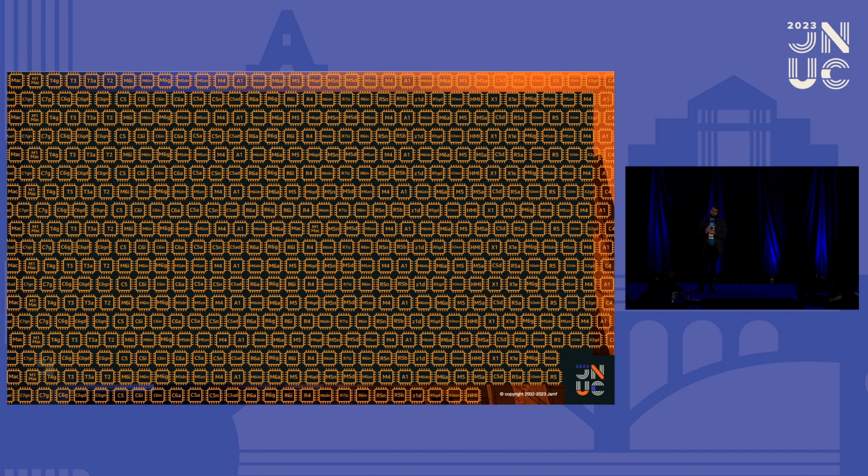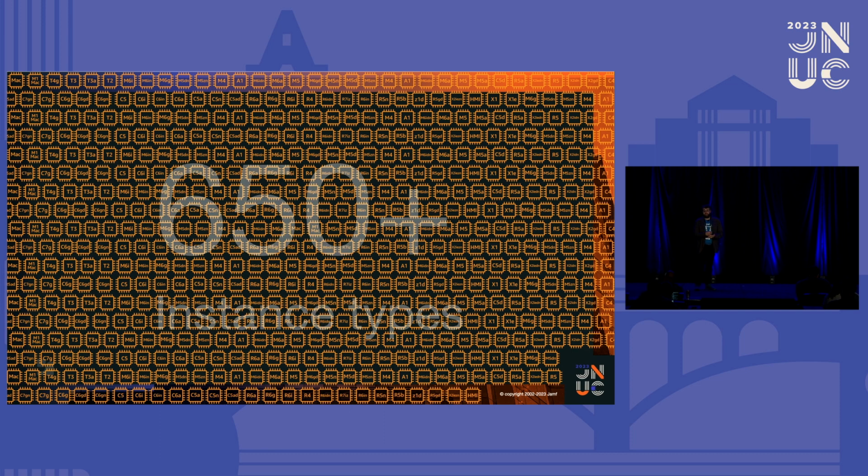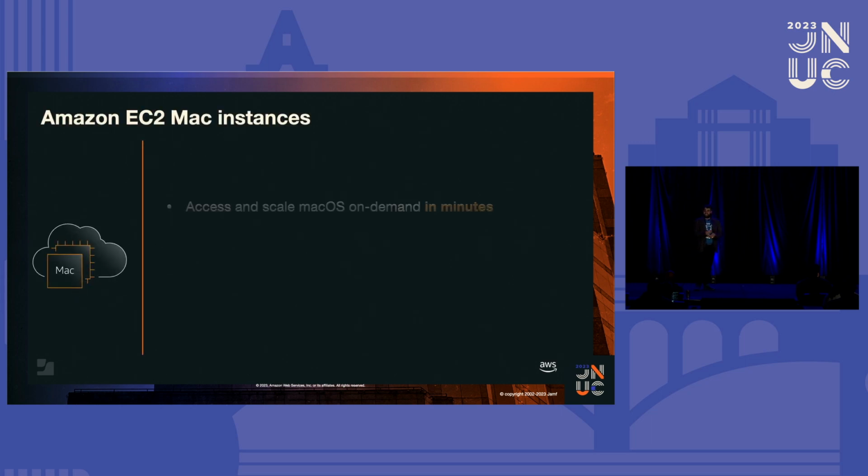So AWS does have a good bit of experience with compute on demand. Over 650 instance types as of this writing, each built to handle different types of processing and lifting. For the purposes of Apple development, we're going to be specifically talking about these. Amazon EC2 Mac instances, AWS's solution to macOS in the cloud.